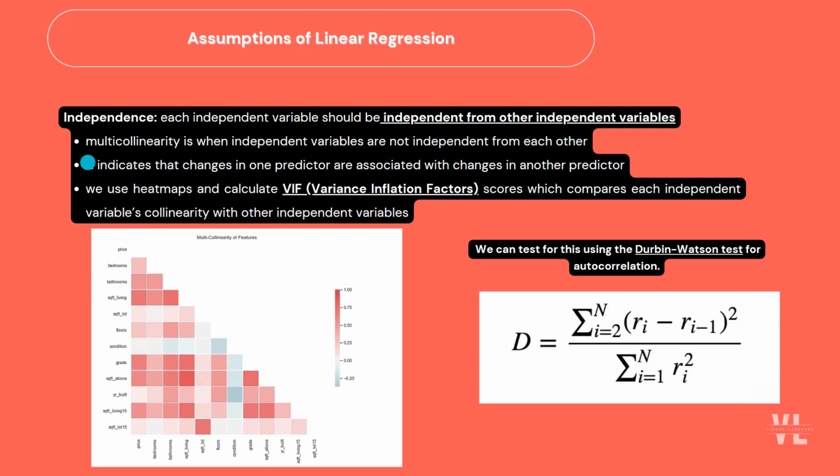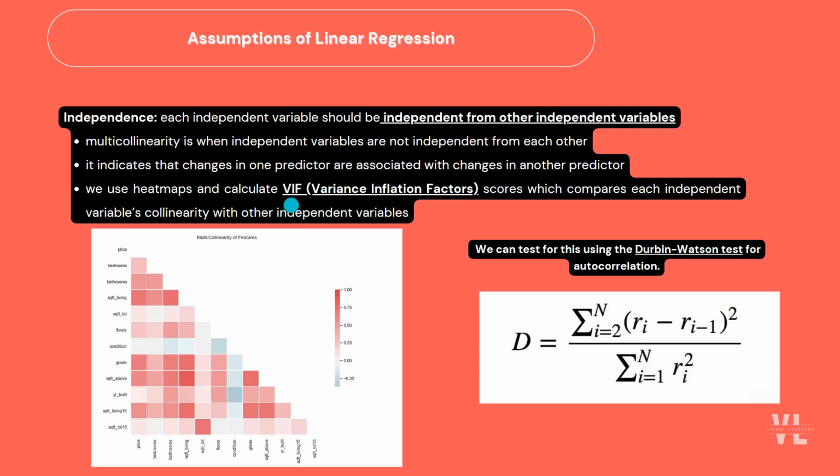If they're dependent, that means they could just be used as part of the prediction and not part of the set of independent variables. It indicates that changes in one predictor are associated with changes in another predictor.